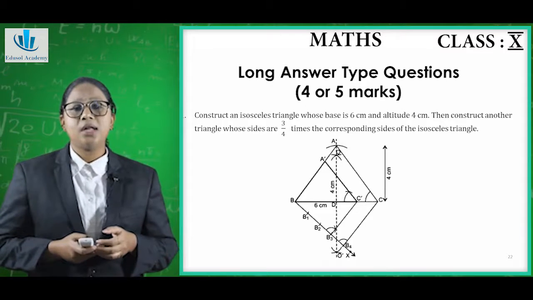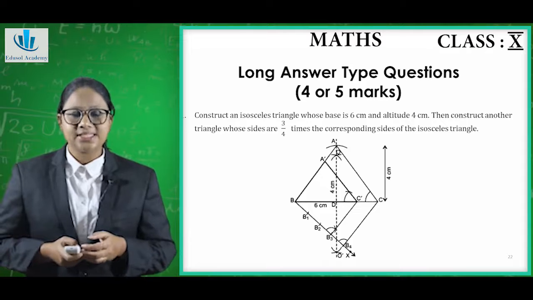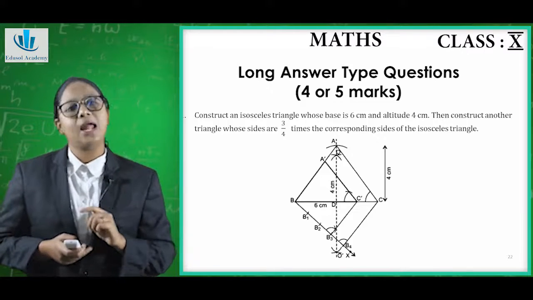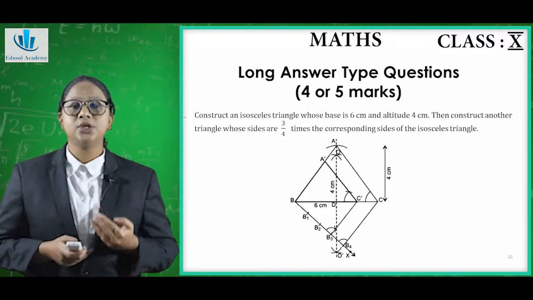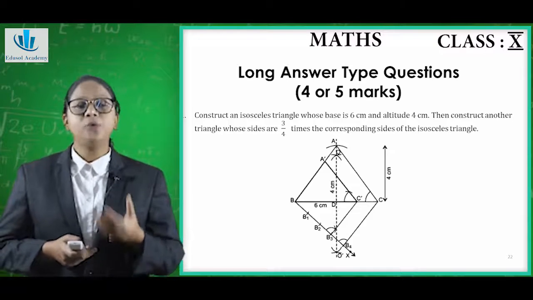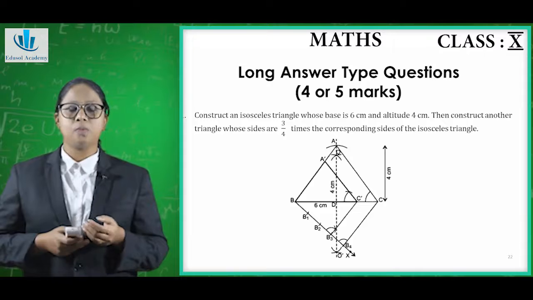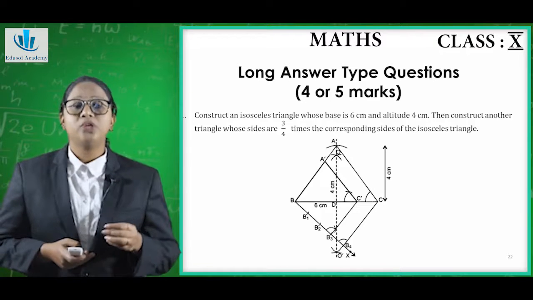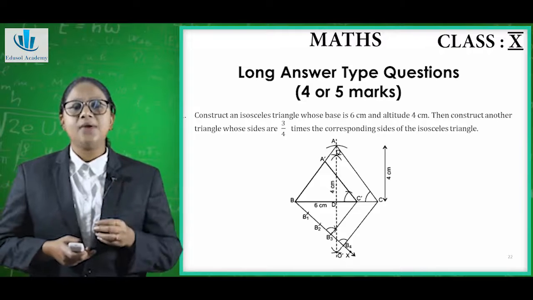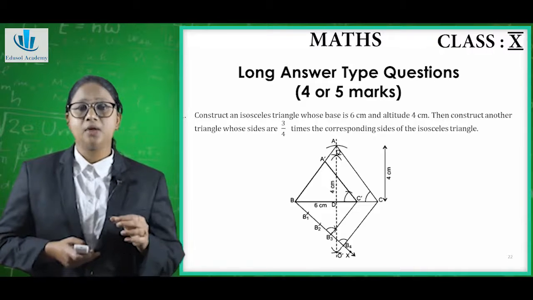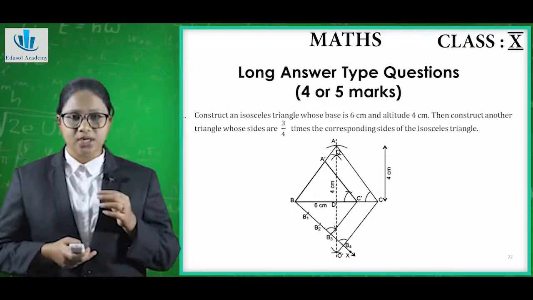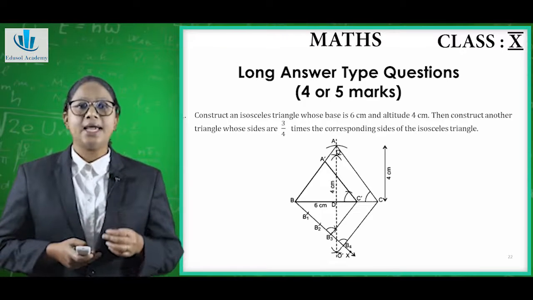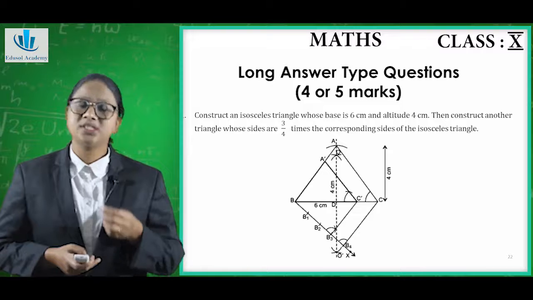Now we may draw another line BX and make 4 divisions, B1, B2, B3 and B4, because in the ratio 3 by 4, 4 is the largest number. So B4. Now from B4 we shall draw a line to C, then from B3. Why? Because 3 by 4 is the scaling factor. So from B3 draw a line parallel to B4C.